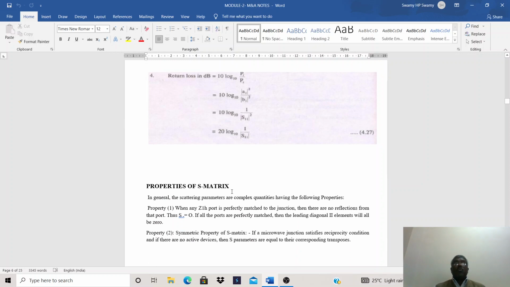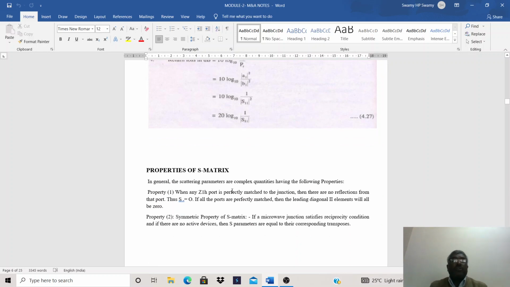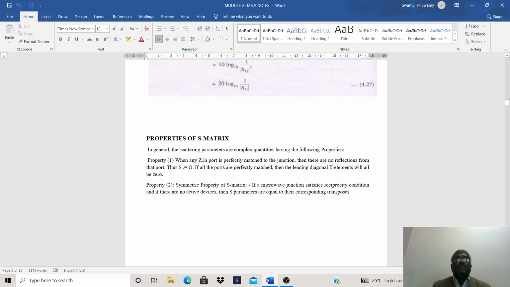Now I will move on to the properties of the S matrix. In general, the scattering parameters are complex quantities having the following properties.